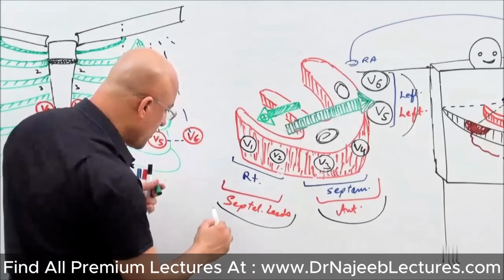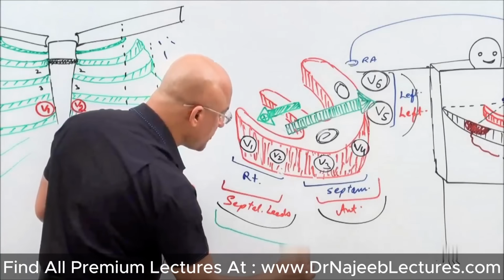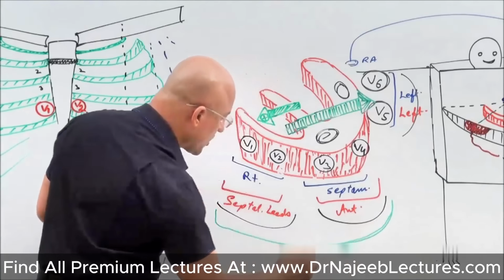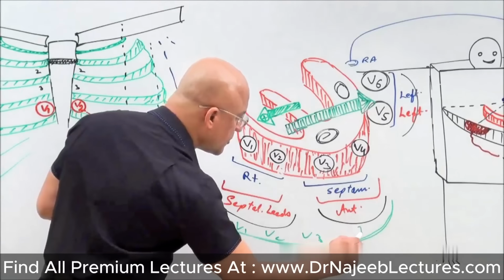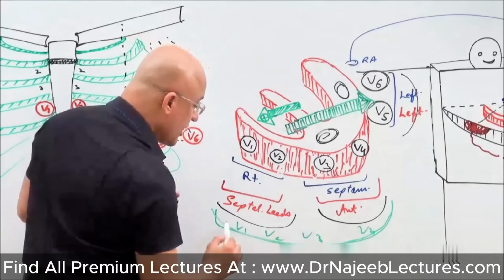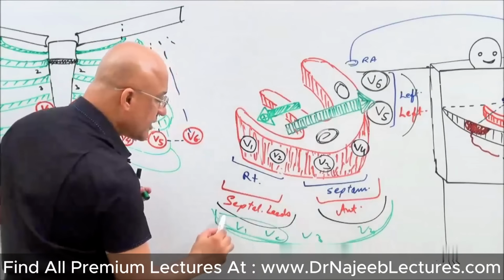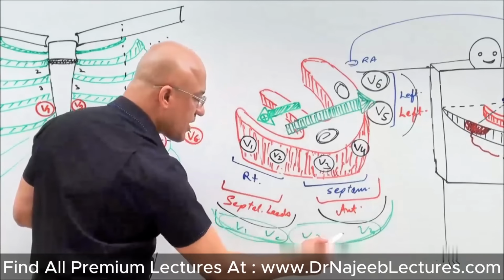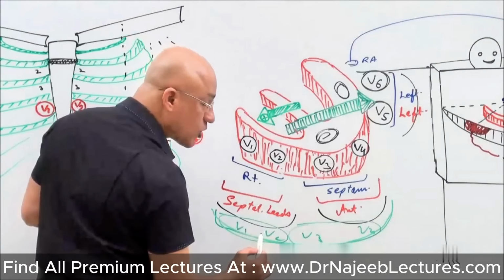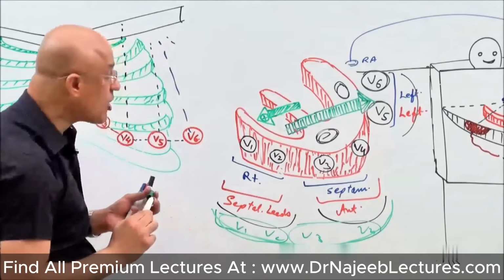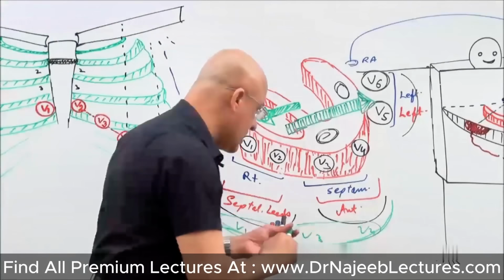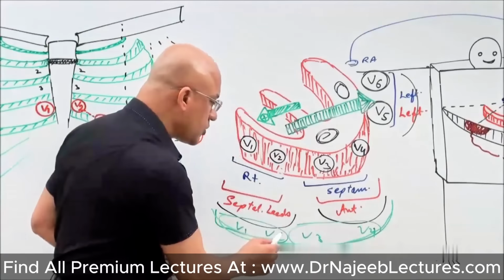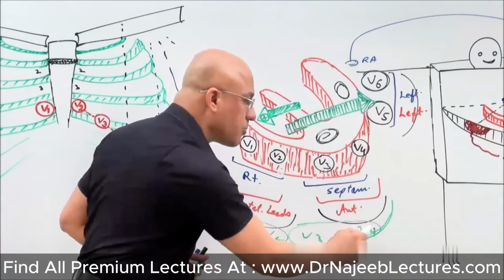If it is so, then changes will be seen in V1, V2, V3 and V4. If all these changes are seen in V1 to V4, the infarction will be called septal as well as anterior. We call it anteroseptal, and we call these leads V1, 2, 3, 4 collectively anteroseptal leads.